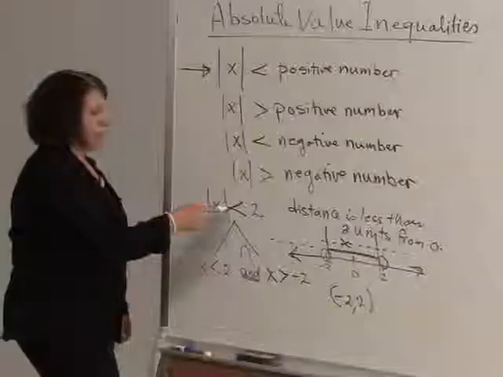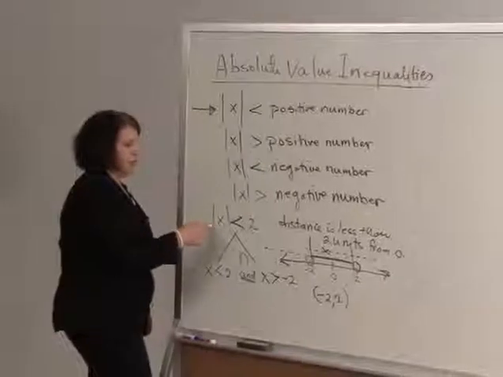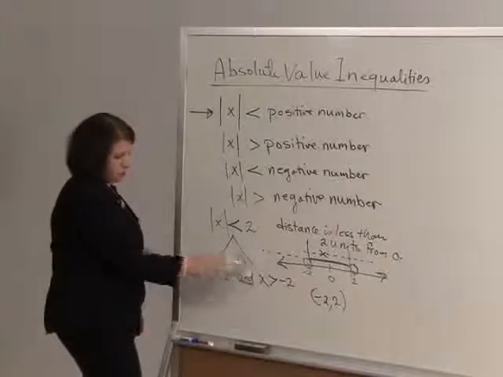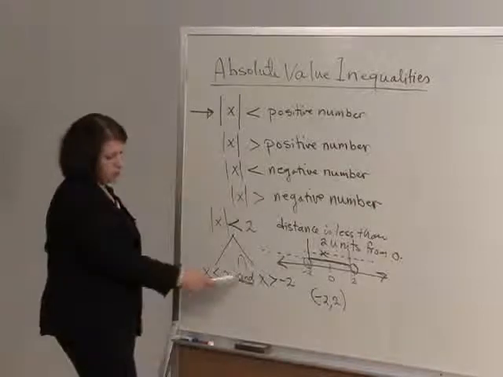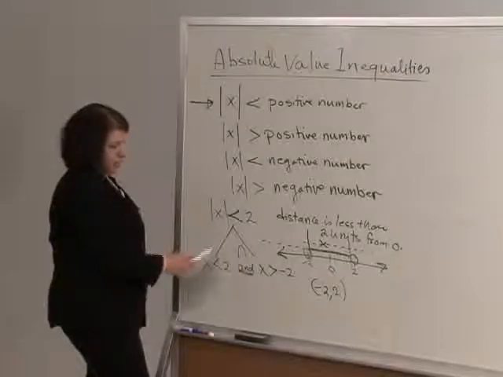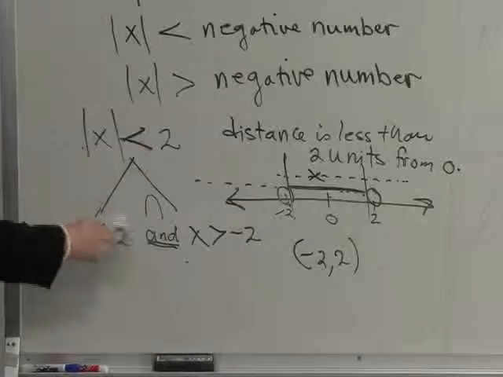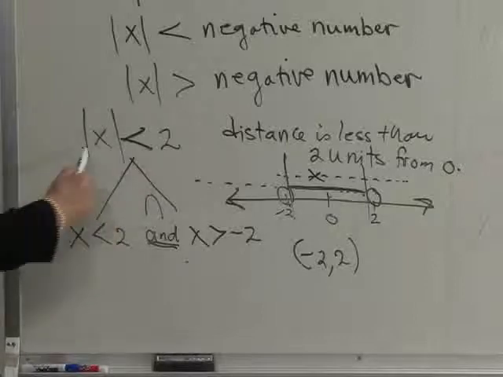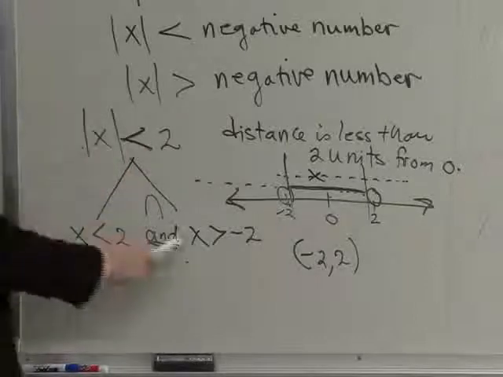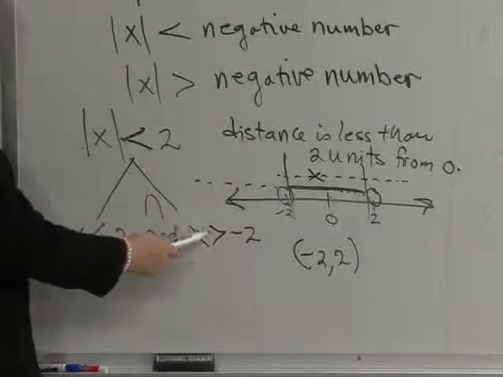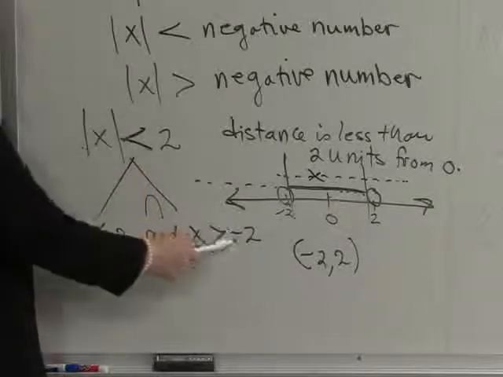So remember, when you have an absolute value on one side less than a positive number, you translate this to a compound inequality with and. The first one is the same, without the absolute value, so x is less than 2, as in the original. But in the second one, you reverse the inequality symbol and take the opposite of that number.